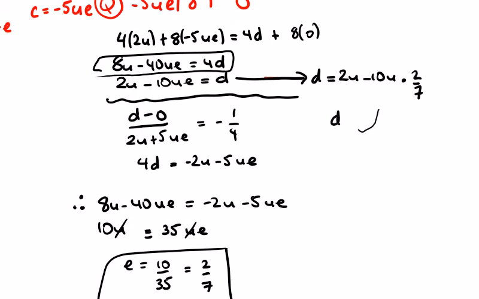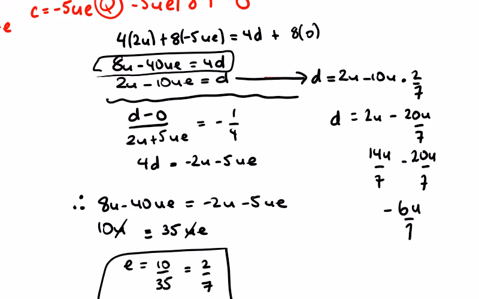So D is equal to 2u minus 20u over 7. So that's 14u over 7 minus 20u over 7. So it looks like minus 6u over 7 for the final velocity.